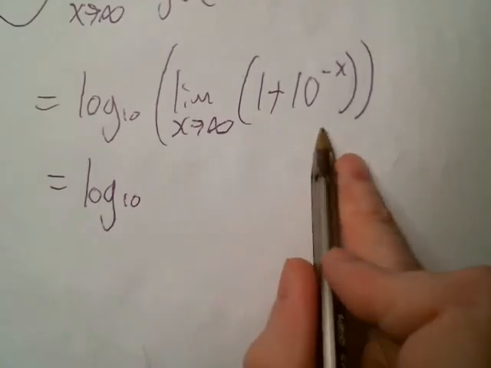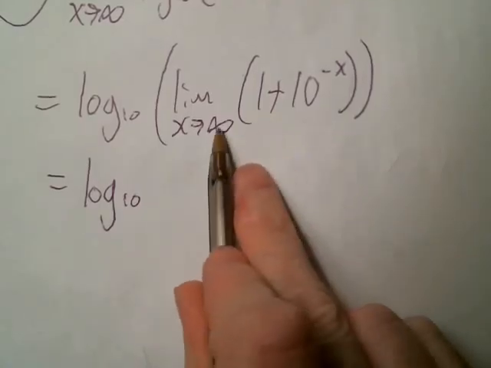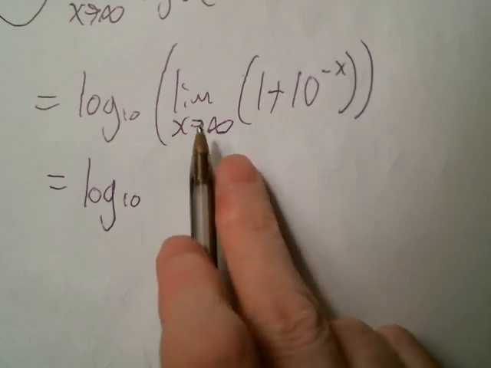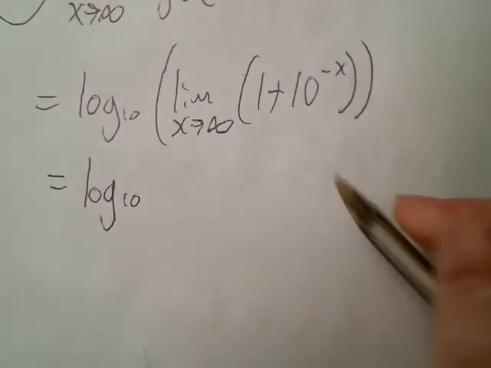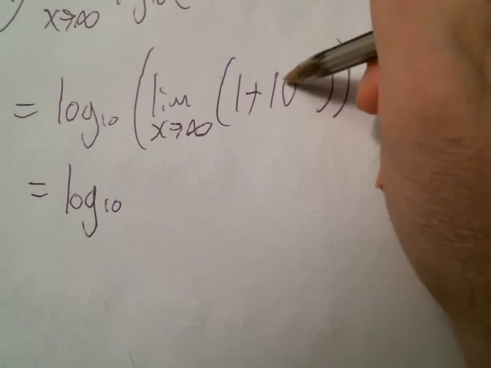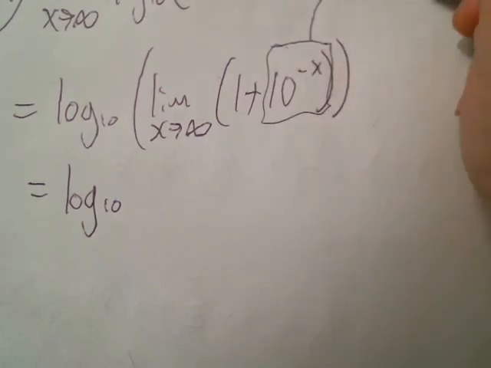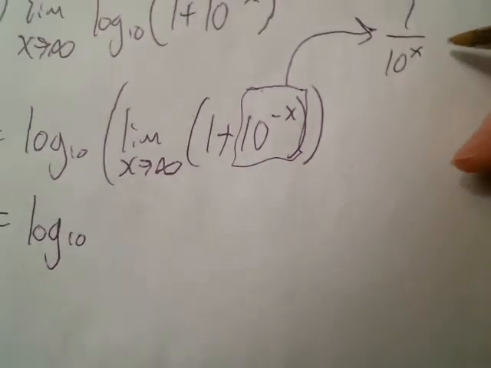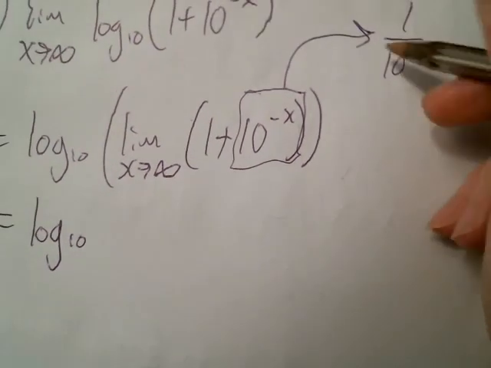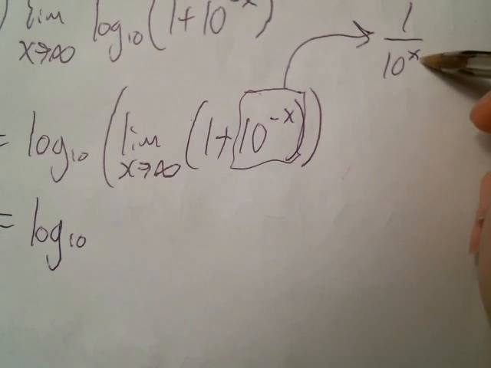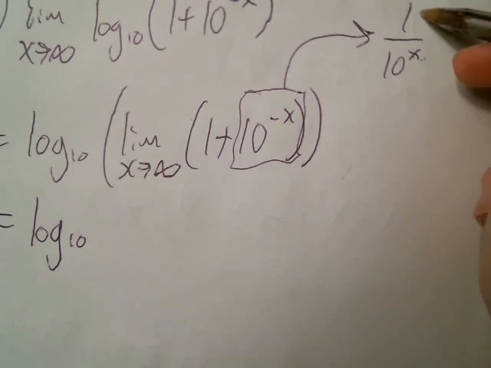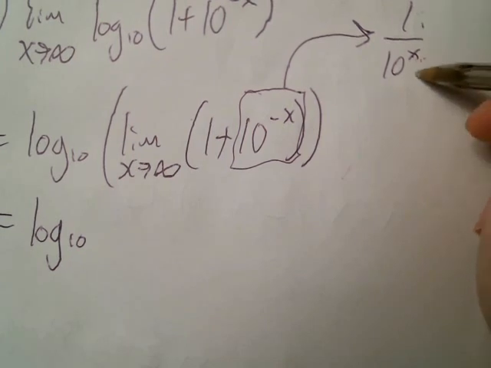If you take the limit of this thing, you're plugging numbers, x going to infinity, like 10, 100, 1,000. If you were to zoom in on this piece of it, it is the same as 1 over 10 to the x, right? And then you're plugging numbers like 10, 100, 1,000, a million into this, and it'd be 1 over something huge, 1 over infinity.